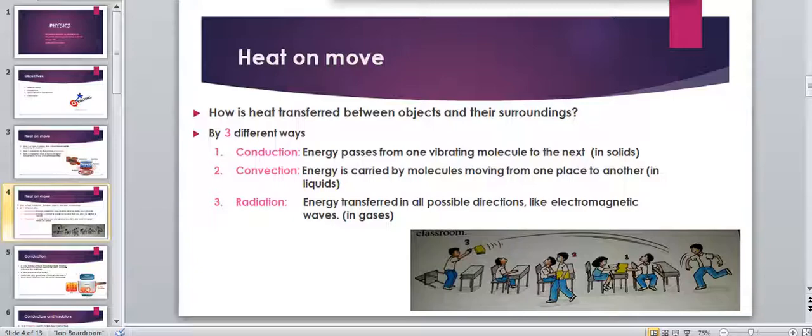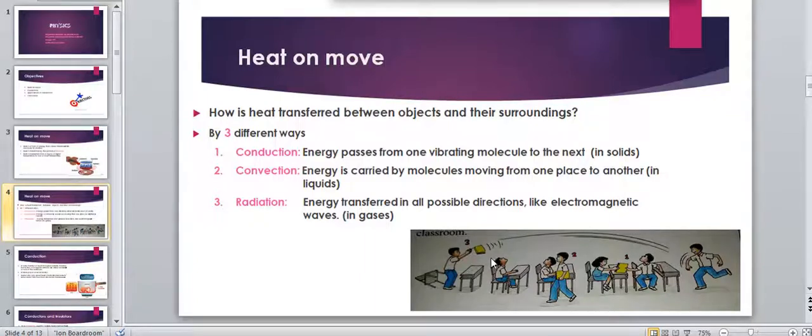Now let's try to understand these three terms by the help of one example, as there are three. So let's discuss the three possible ways of getting a book to the back of the class. There can be three possibilities.